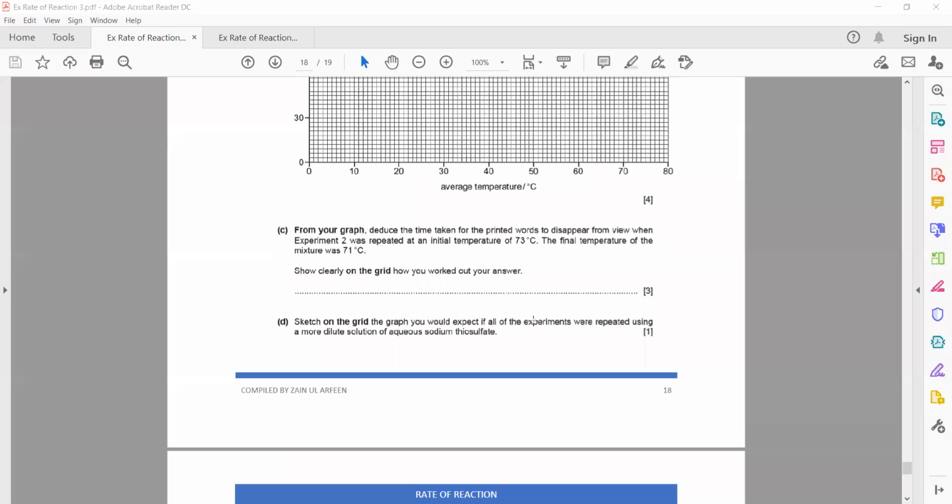From your graph, deduce the time taken for the printed words to disappear when experiment 2 was repeated at an initial temperature of 73 and the final temperature of the mixture is 71.